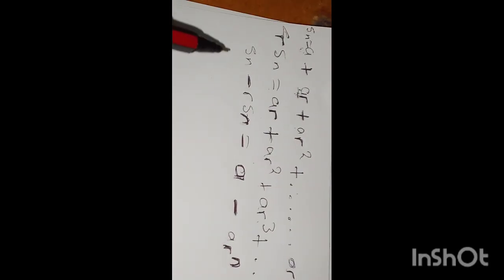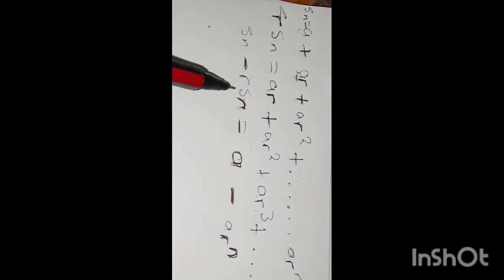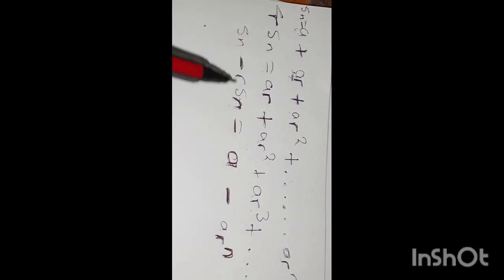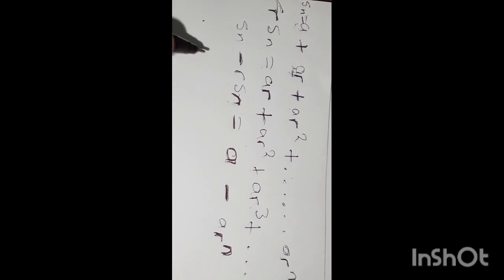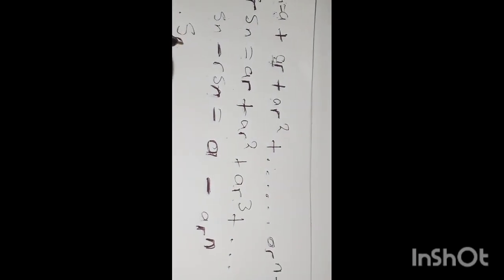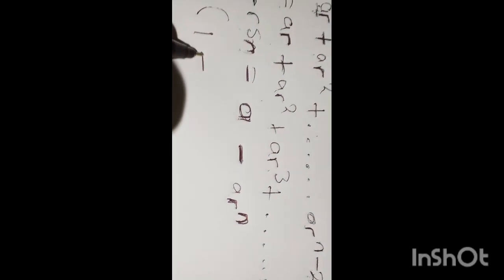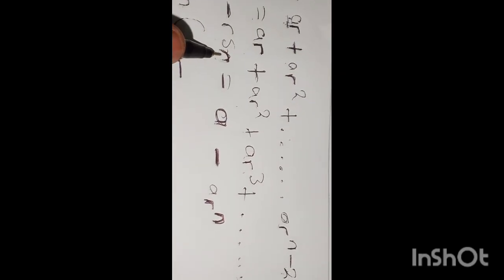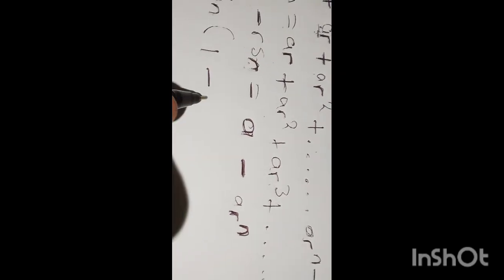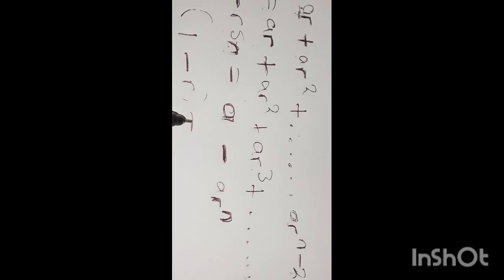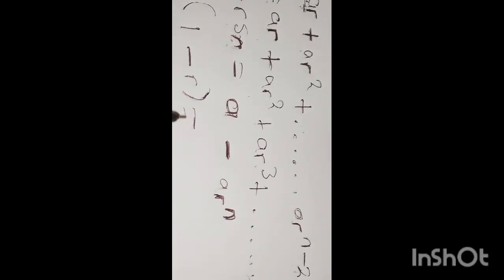So when you go back to this side, we have Sn and Sn, so Sn is common. We factor out Sn and remain with 1 minus R is equal to.